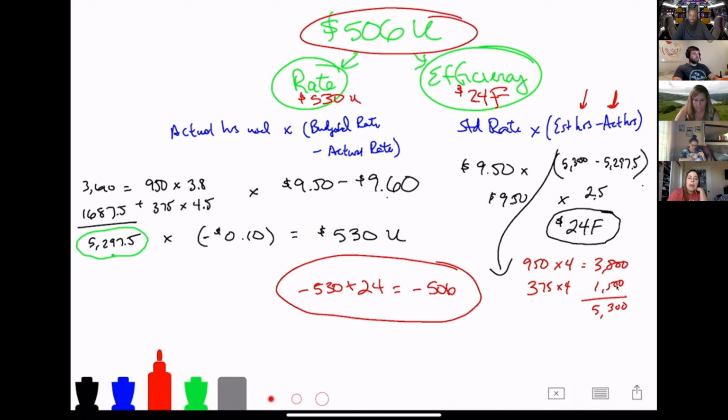Do we tell them that we're paying the workers too much for what we're producing, but they're still efficient, but it's unfavorable for the rate variance? Yeah, it's coming together. I like it.